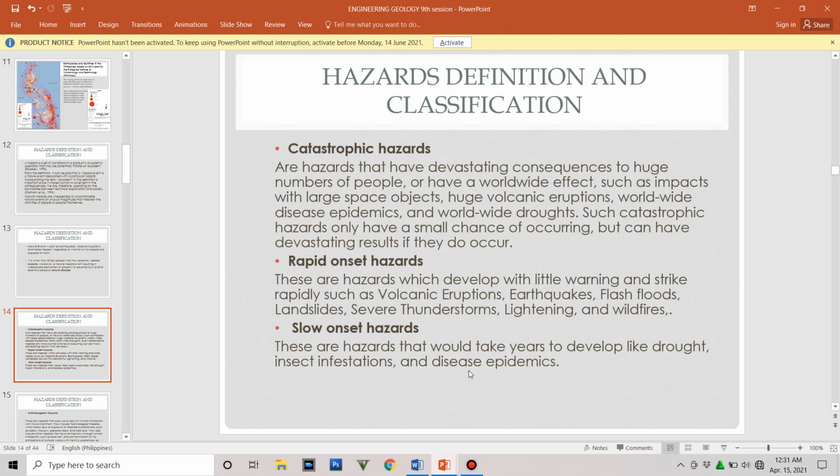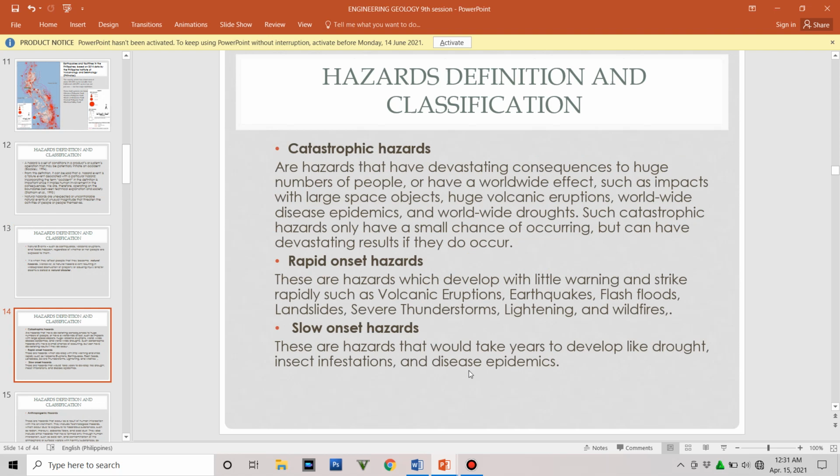And then rapid onset hazards. These are hazards which develop with little warning and strike rapidly. So, as an example, volcanic eruptions, earthquakes. Yung earthquakes kasi mahirap na i-predict yan, as well as the volcanic eruptions. Like in the recent Taal eruption.